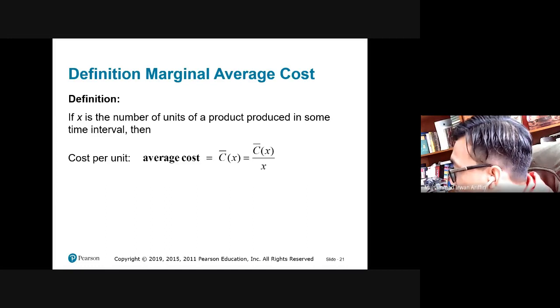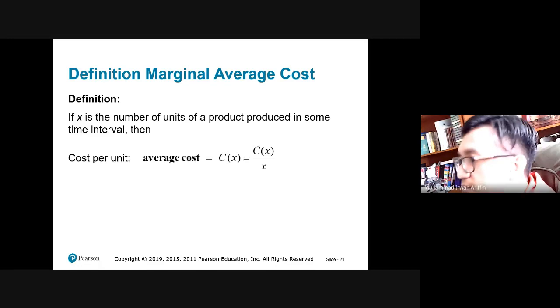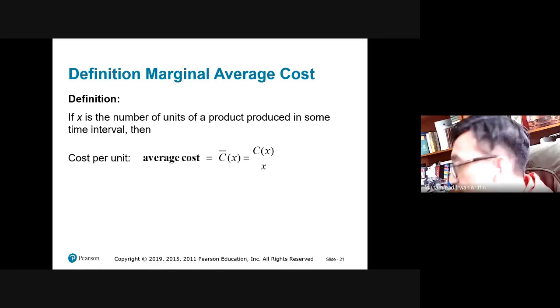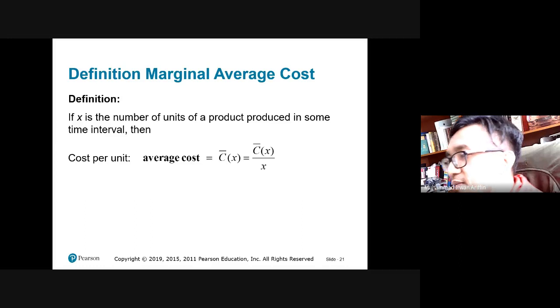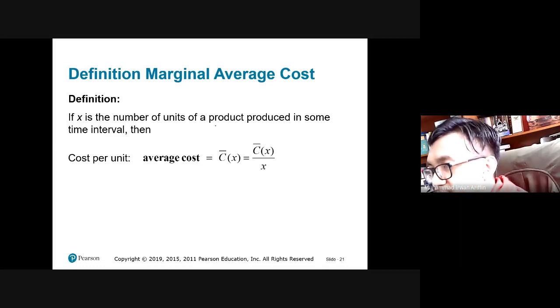Another concept: in cost, we also have average cost. So what is the average cost? We simply take total cost divided by quantity. There is a typo here; there should not be a bar sign.